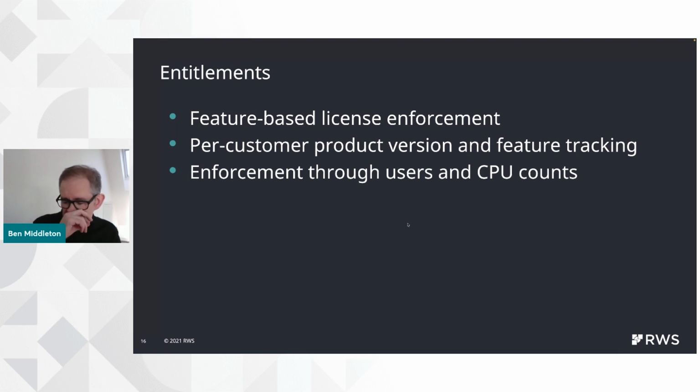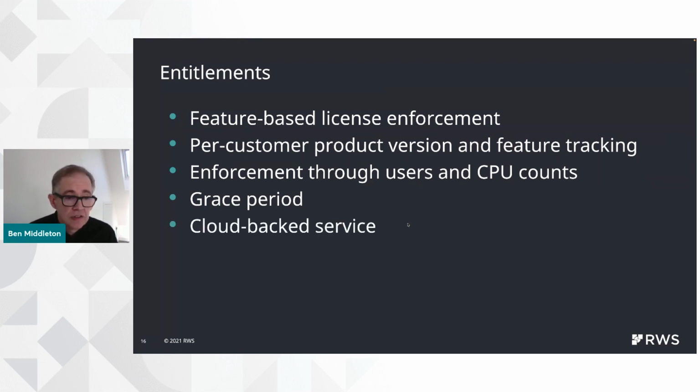Between the various CM and CD parts, we use either user or CPU-based licensing. There is a grace period in that license setup, so it doesn't start validating the license for a certain period after startup of these services. That allows you to do certain operations without having to worry about whether your license is active or whether you have a connection to the backend service, which sits in a cloud.